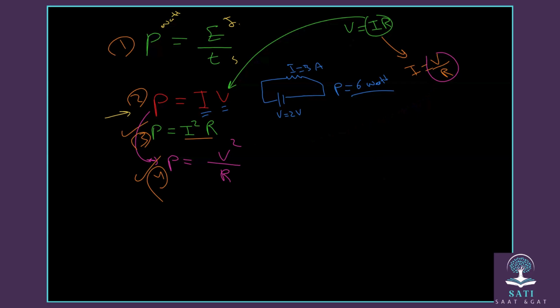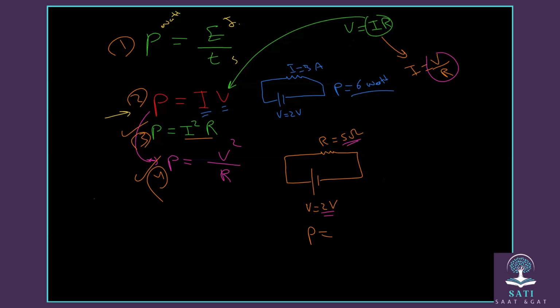It depends on what is given in the circuit. If they give me, for example, the voltage is 2 volt and the resistance is 5 ohm, and they are asking about the power, what is given for me here? Resistance and voltage.